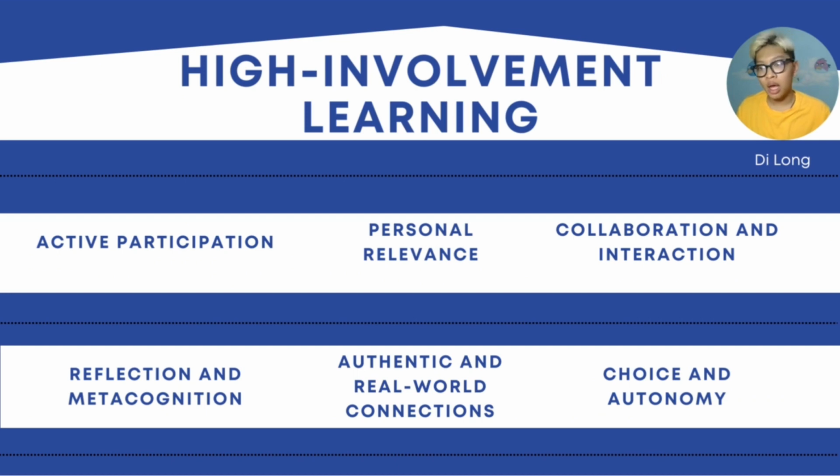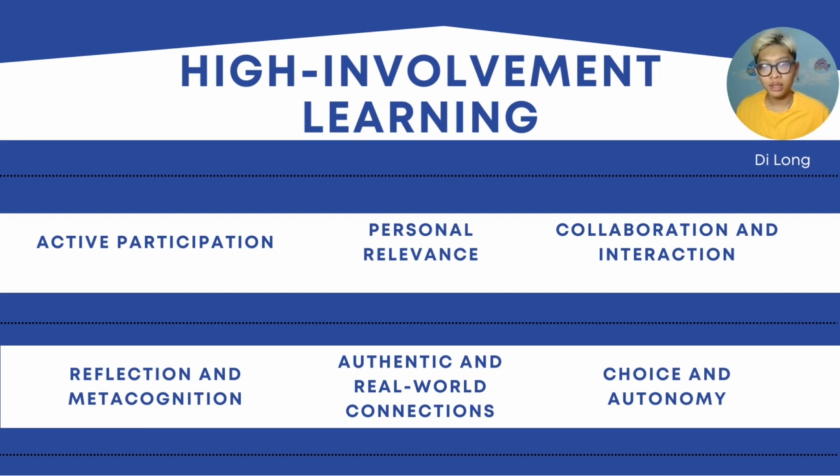Third, learners are encouraged to engage in social interaction, sharing ideas, and learning from one another, which enhances understanding, new perspectives, and the development of interpersonal skills. Fourth, high involvement learning encourages learners to reflect on their learning process, monitor understanding, and set improvement goals.